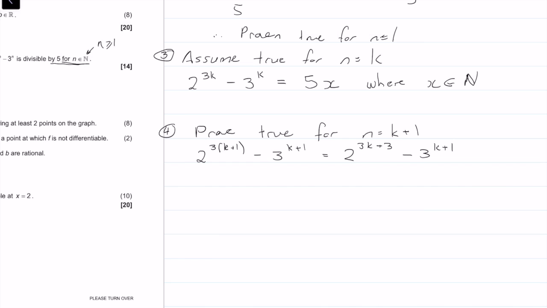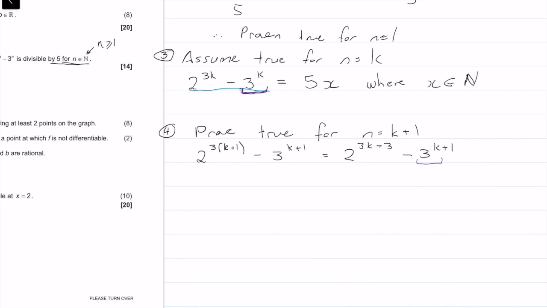Now we usually try to use the assumption, but instead of doing that, I can see here that we have a 3k and a 3k.